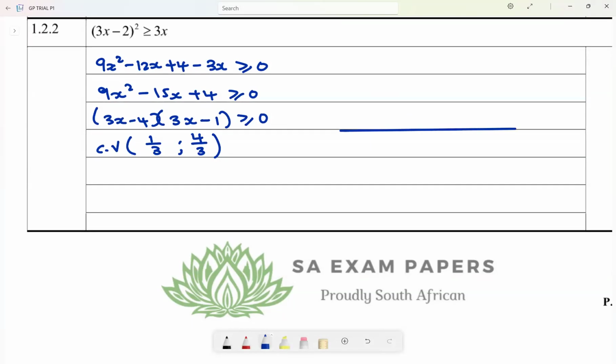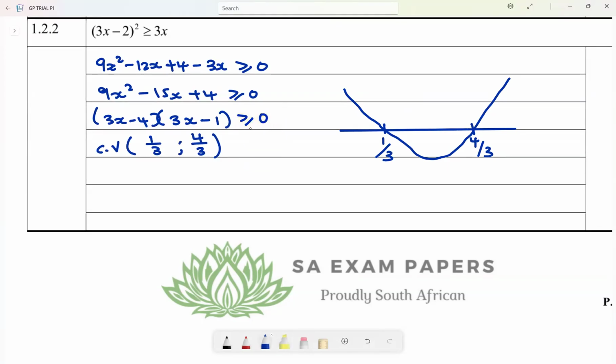And then we know the standard typical way in which we do this. This is a parabola here. Let me put 1 over 3 first and 4 over 3 here. This is a standard parabola. Why? Because of 9x squared plus, the standard form, the value of a is positive, so it is a smiling parabola like that. And we want where this is greater or equal to 0.